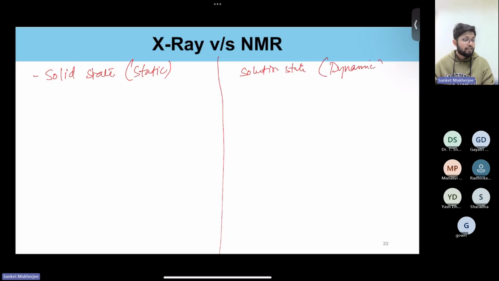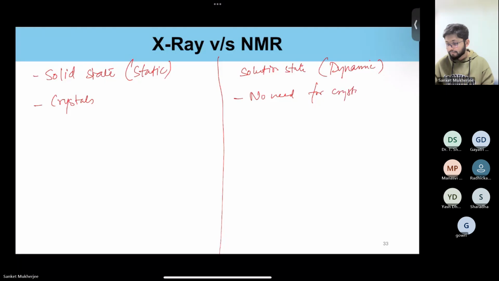If there is any particular substrate or inhibitor that you want to see, you can do that. In X-ray, you require crystals. In NMR, there is no need for crystals. It can be done in solution form. X-ray is high resolution. NMR is low resolution, or I would say average resolution.